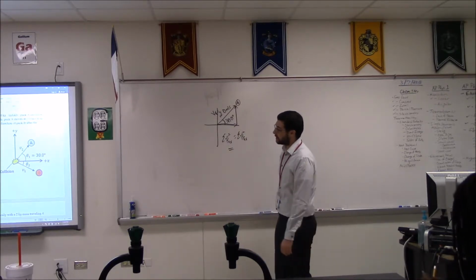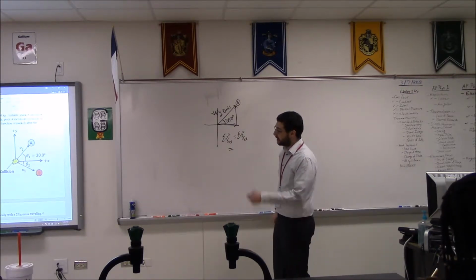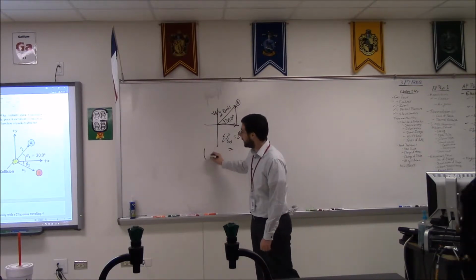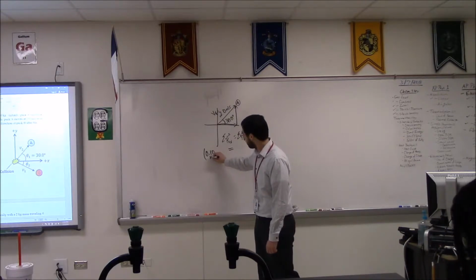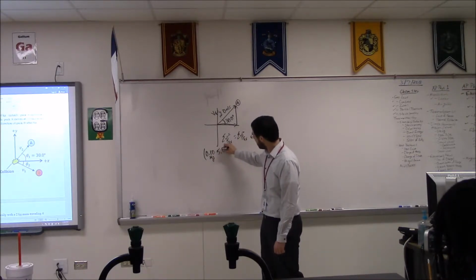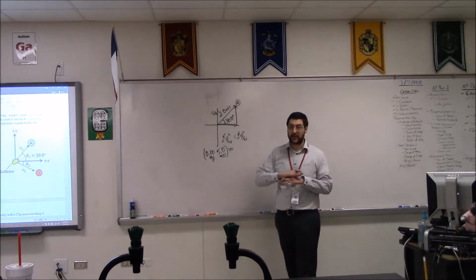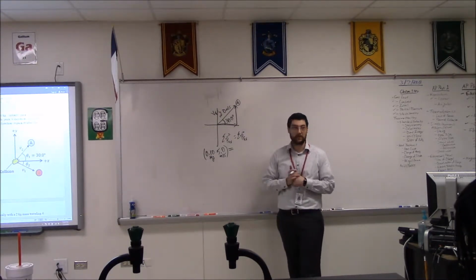The initial momentum over on that side, okay, puck A was moving at 5 meters per second, right? So it would be the mass of puck A times the initial velocity of puck A. The other puck was at rest, so it has no x-axis momentum at all, right?